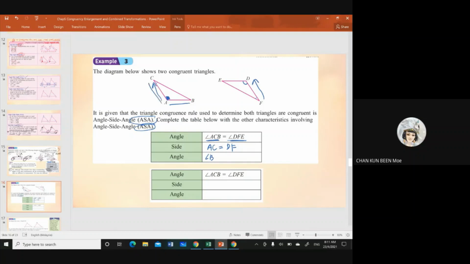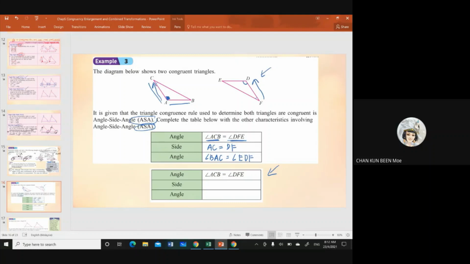We cannot say ABC, A must be the, yes, correct. Angle BAC is equal to, what is the name? Angle, which one first? EDF. Yes, correct. You follow the alphabetical order. Angle EDF. So we got the first one already. Now we are going to get the other one.